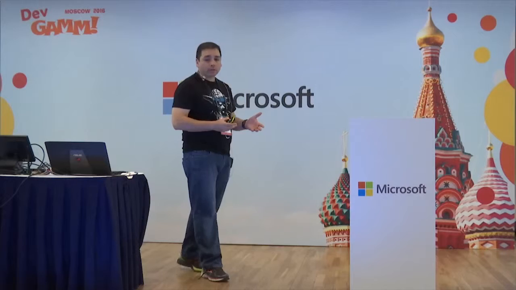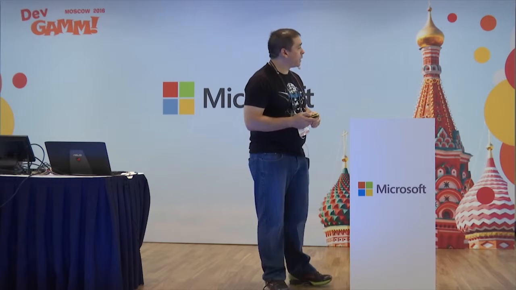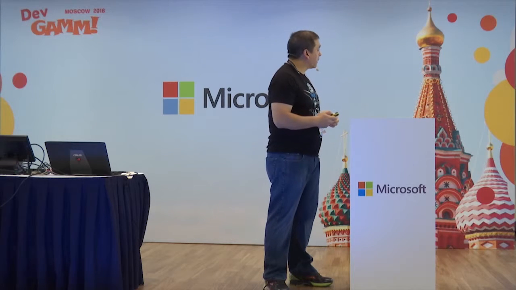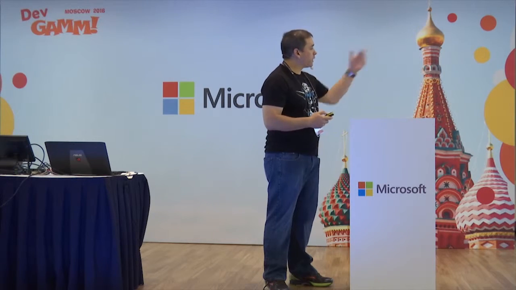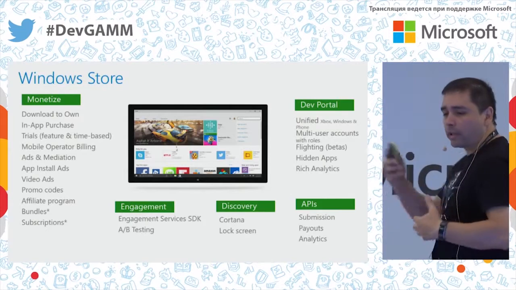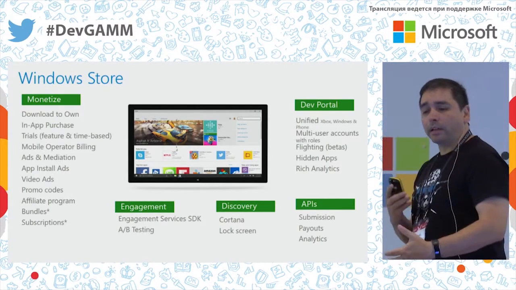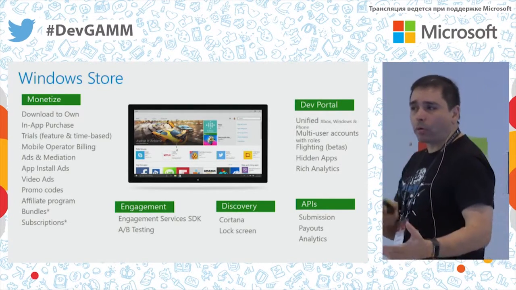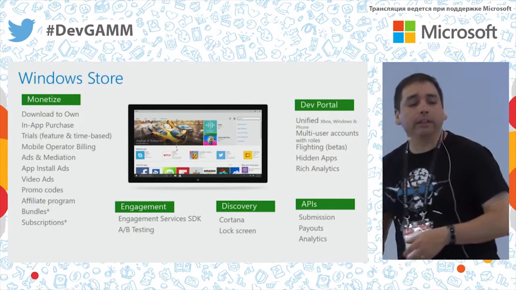That's it for what I wanted to cover today with regards to how you can monetize, make money from our users on our store. Here's a high-level summary of some of the features that we talked about. Most of these I talked about a little bit; the only one that I didn't cover a lot was the APIs, where we give you an API for submissions, and an API for you to retrieve payouts too. And then we will continue to add more APIs so you can, from within your server, in an automated way, access our dev portal and get all the information that you need.